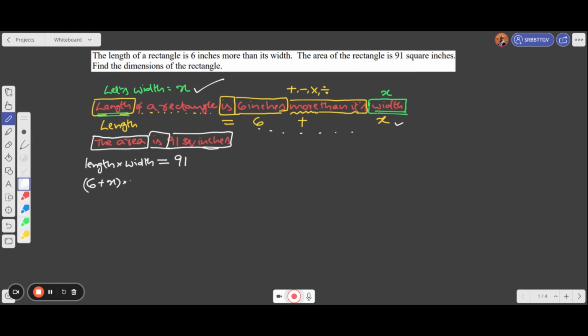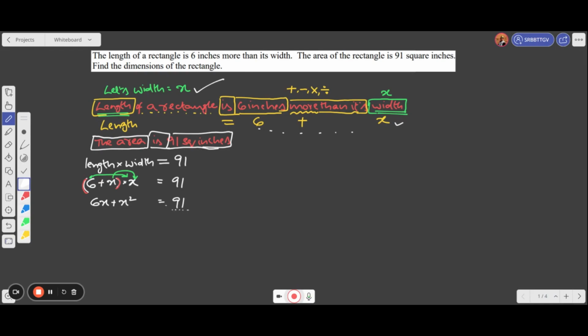So let me take x here, equal to 91. As you know, parenthesis means multiplication. So let's multiply 6 times x, that gives us 6x, and then plus x times x, that is x square, equal to 91.